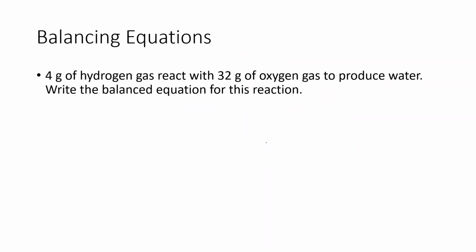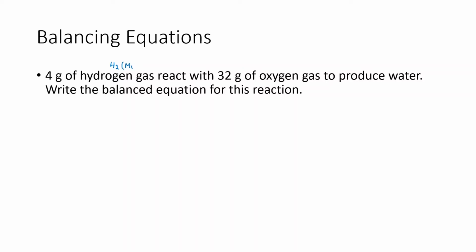Now we could use this information to balance equations, right? So let's say we have been given an equation like this. 4 grams of hydrogen gas react with 32 grams of oxygen gas to produce water. So what we could do is find the number of moles of each, right? So hydrogen exists as H2, right? So its MR is going to be 2 times 1, right?